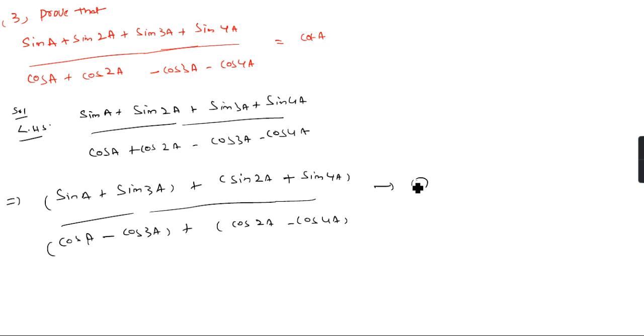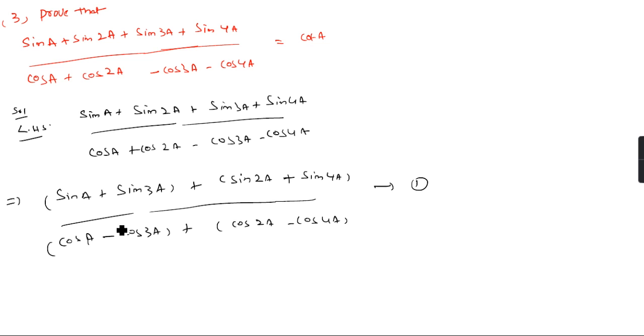Taken as this is one. For convenience to write a formula, we are writing sin A plus sin 3A and sin 2A plus sin 4A. Similarly, cos A minus cos 3A, cos 2A minus cos 4A.